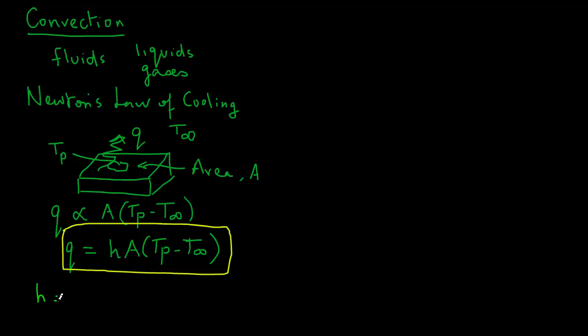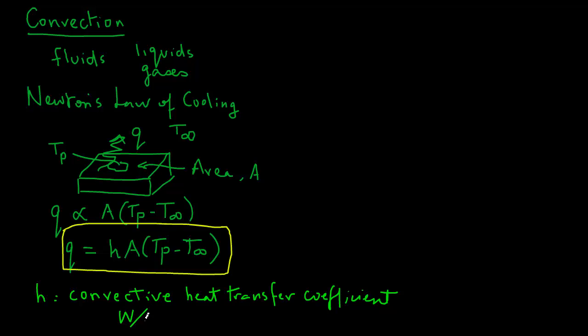Now H, the constant that we introduced, is called the convective heat transfer coefficient, and the units of this convective heat transfer coefficient are watts divided by square meter divided by degree C.